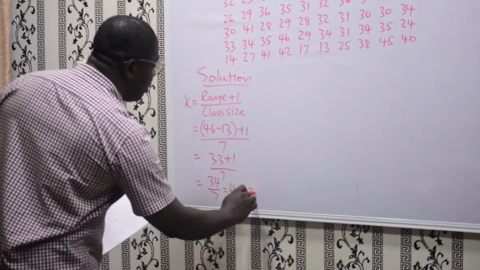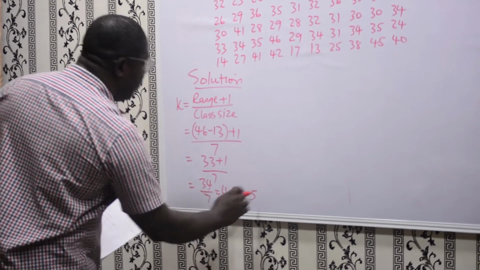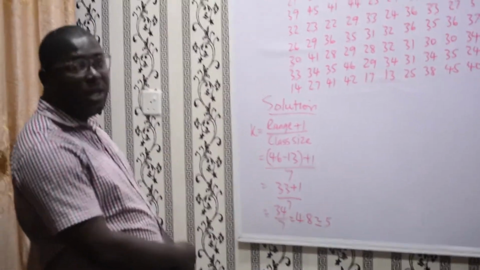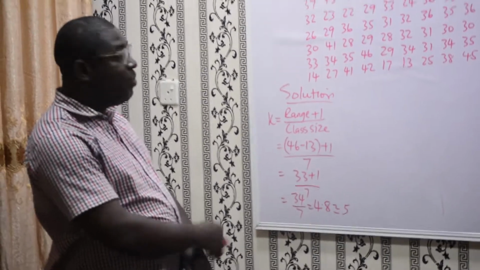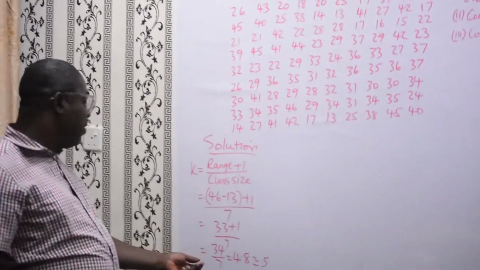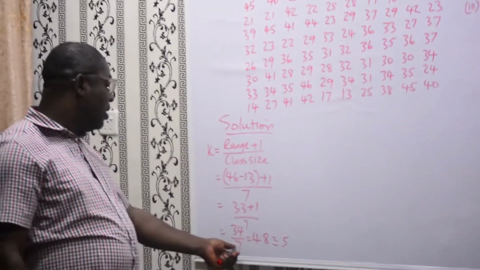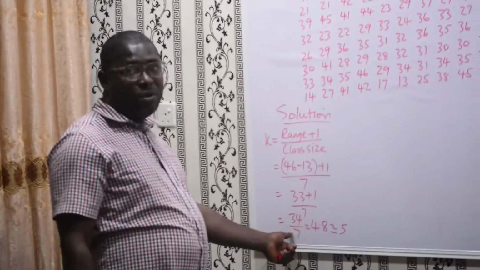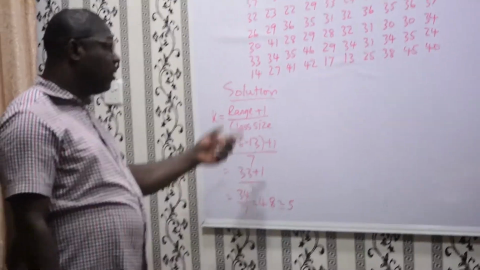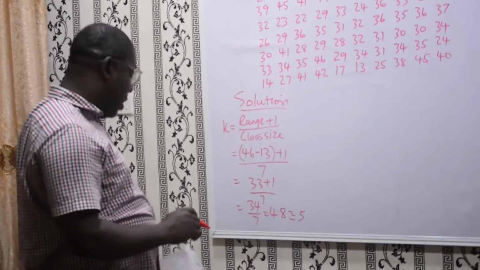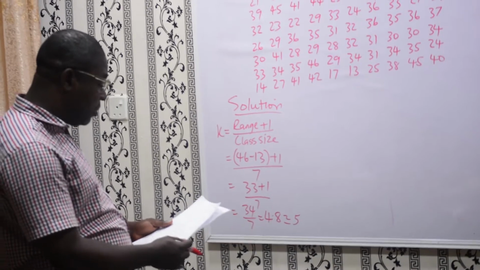So approximately we're going to have 5 classes if you categorize this with the class size of 7. If the class size were 5, then we'd have 34 divided by 5, which gives about 7 classes. But since the question says class size of 7, we'll go by that.